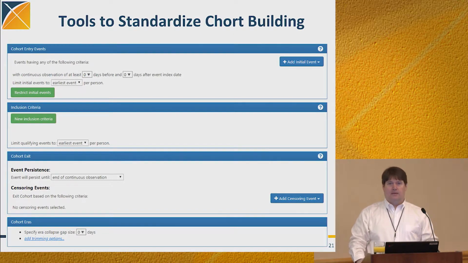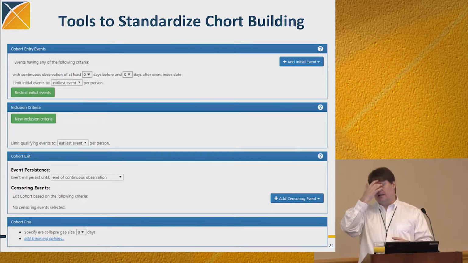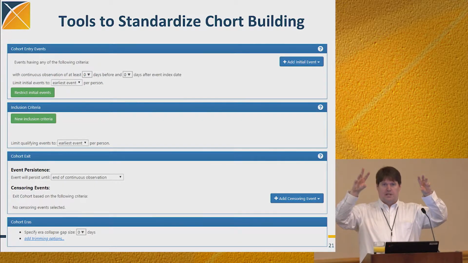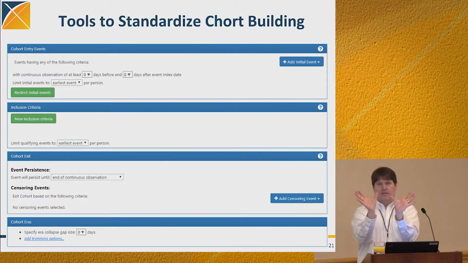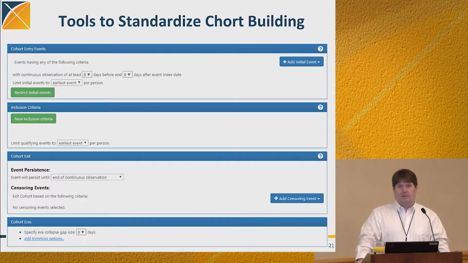So the last element allows you to specify, after you've reduced all the overlapping time to continuous periods, that if there's a gap within an allowable gap size, then you can take those two different ones and bring them together and make them one. You can do that with the cohort era part of the cohort definition.